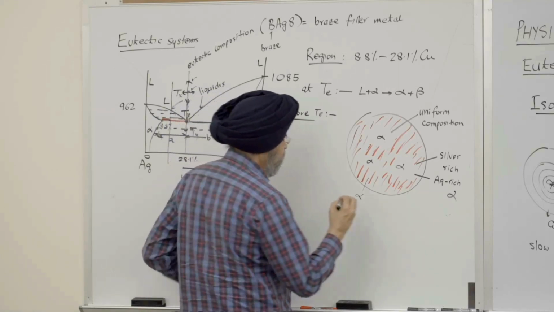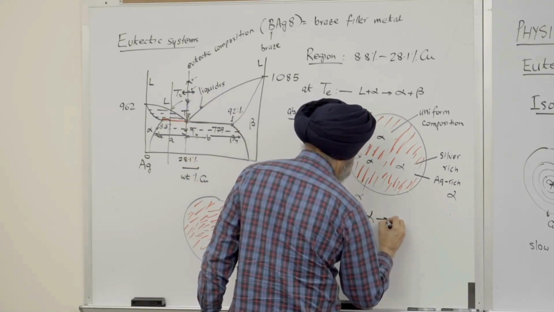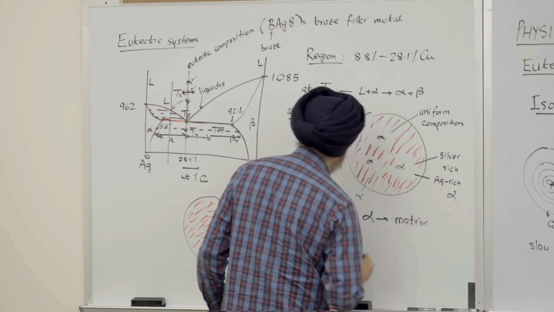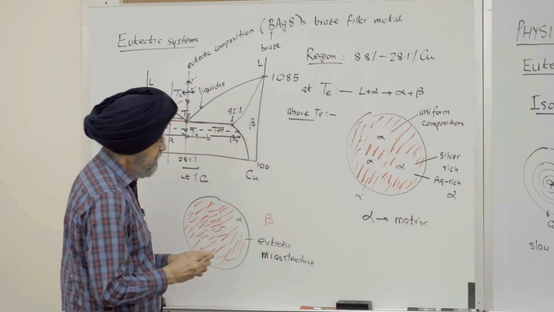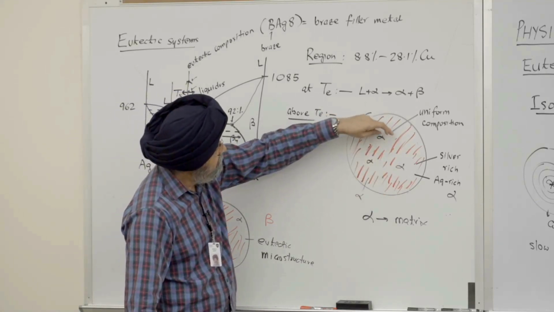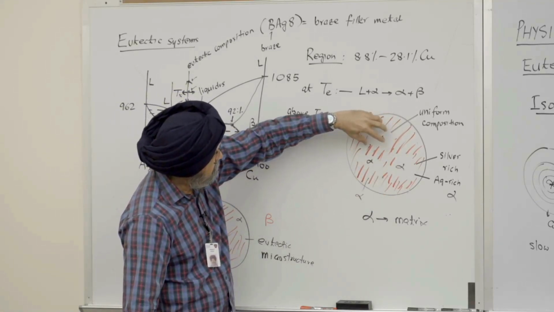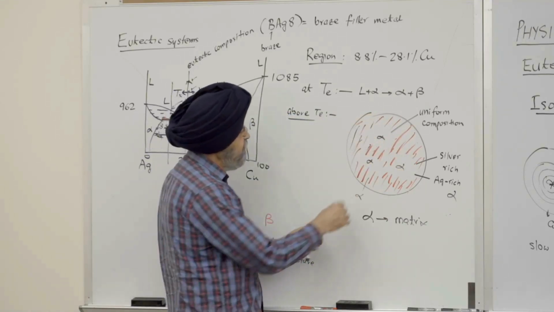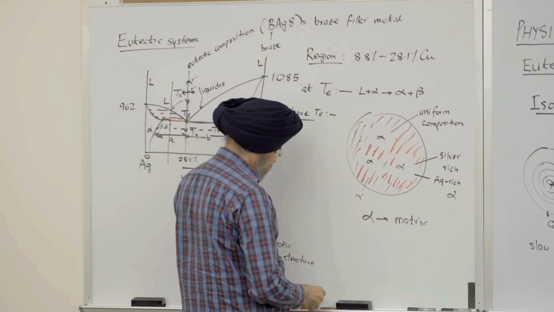So alpha phase is the matrix of this structure. So basically, you have a sea of silver-rich phase, where you only have silver-rich phase, and then you have areas where you have the eutectic.